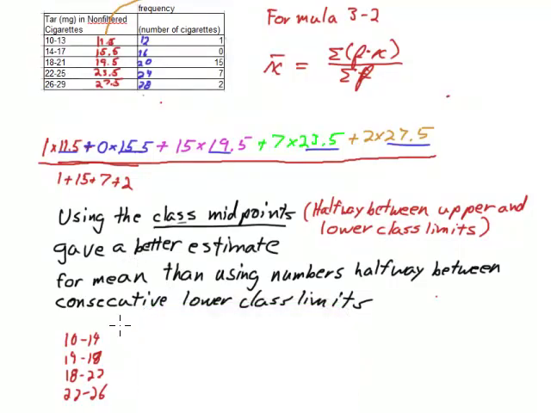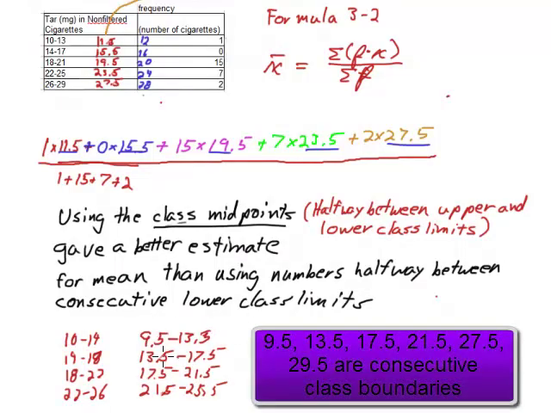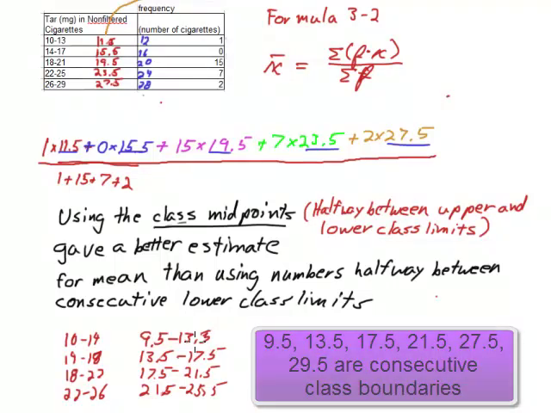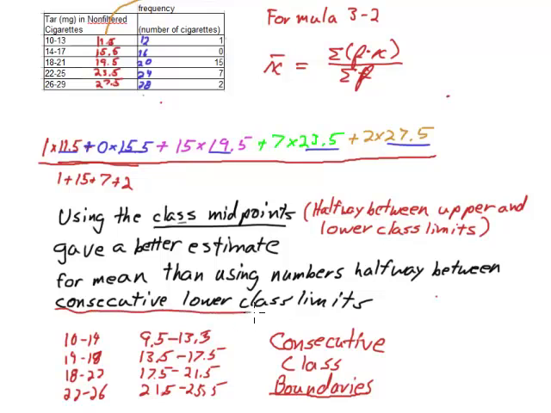The way I should be thinking of it is going from 9.5 to 13.5, 13.5 to 17.5. If we're thinking about going between consecutive class boundaries rather than consecutive lower class limits, then we would get 11.5, 15.5, 19.5, 23.5, and 27.5.